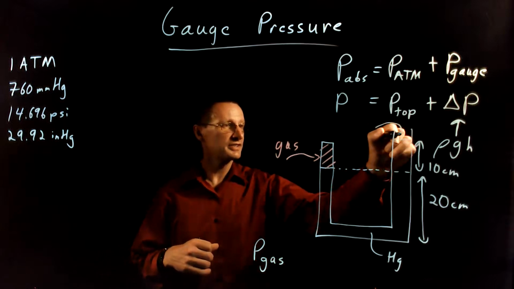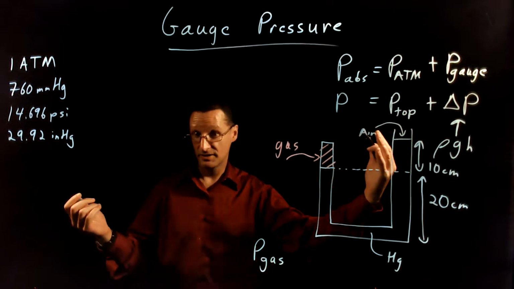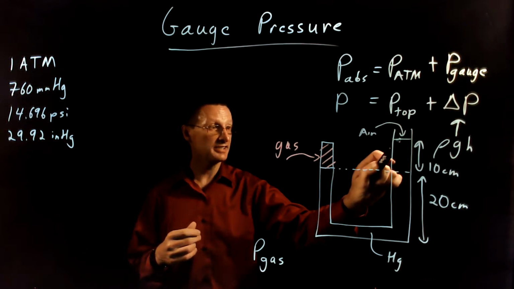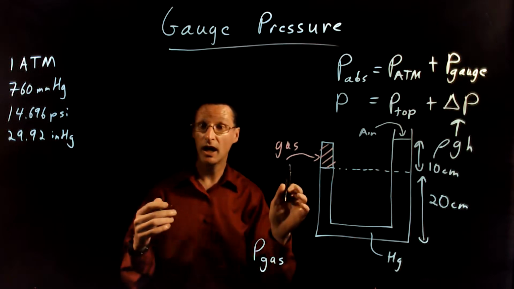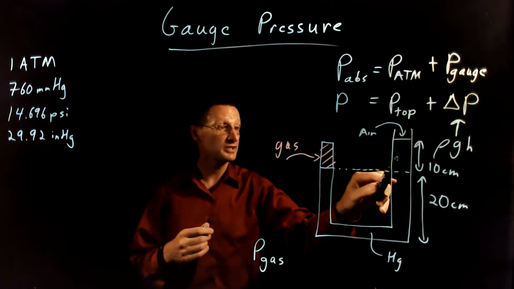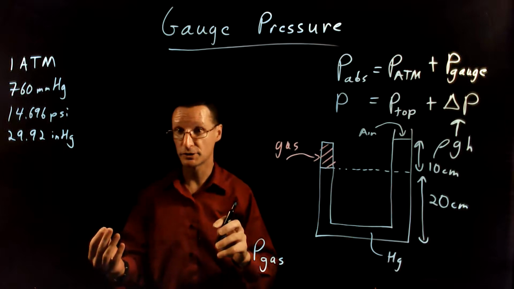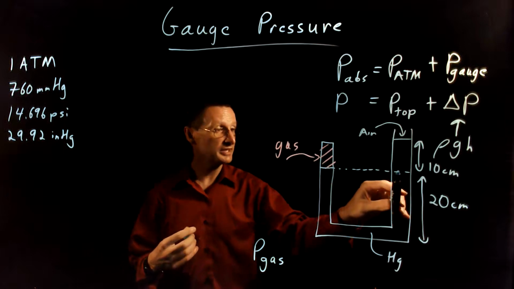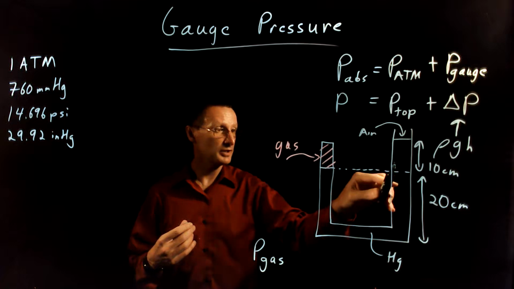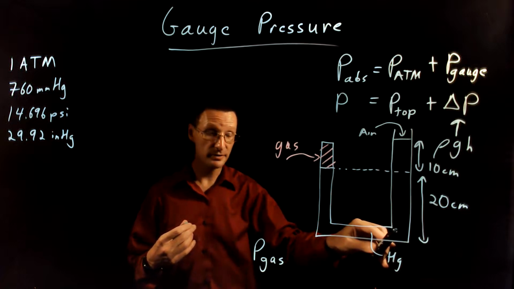Well, here this is exposed to the air right here. And so because it's exposed to the air, it's just 1 atmosphere of pressure on top. So the pressure on top is 1 atmosphere. And as we increase 10 centimeters or 100 millimeters, the gauge pressure is going to increase. It's going to be higher than atmospheric pressure by 100 millimeters of mercury. And as we continue to increase, now the gauge pressure goes from 0 to 100 millimeters of mercury to 300 millimeters of mercury, right?